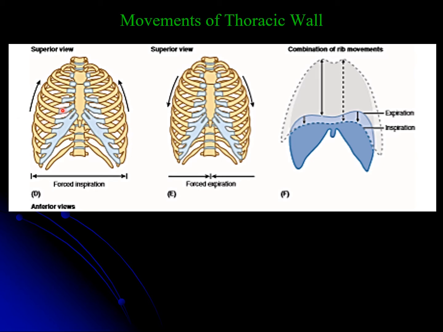So in forceful inspiration, the diameter of the thoracic cavity increases, and in expiration the diameter decreases. And the combination of the rib cage movements, bucket and pump handle, along with the movement of the diaphragm, is responsible for inspiration.